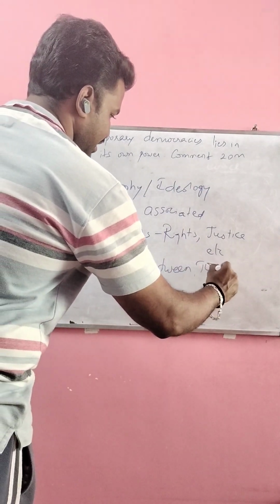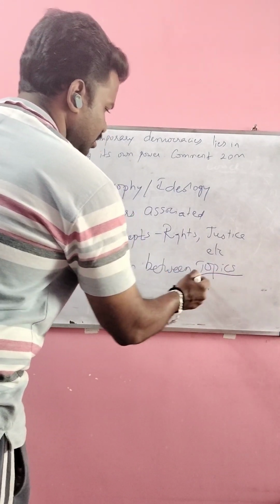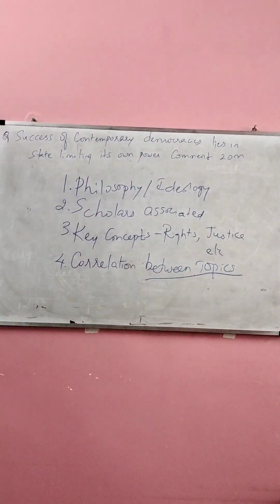This requires analytical thinking. For example, concepts such as liberalism, Marxism, feminism, theories of state in paper 1 are related to topics in paper 2. State in comparative perspective in paper 2 and comparative politics, these are related to topics in paper 1.